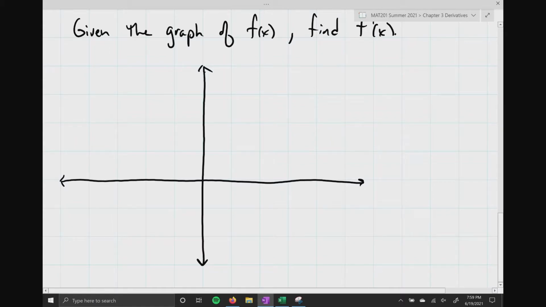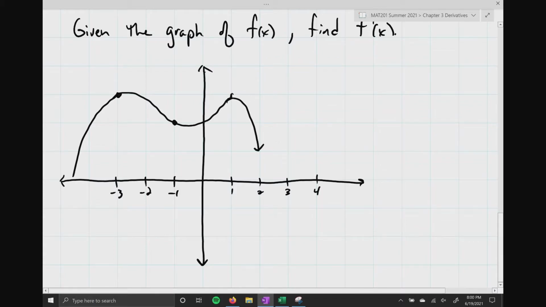So I'm going to go ahead and just plot a couple points here. All right, so here's a graph right here.